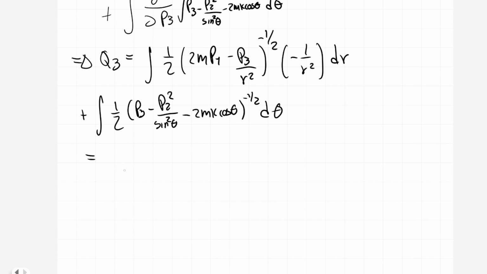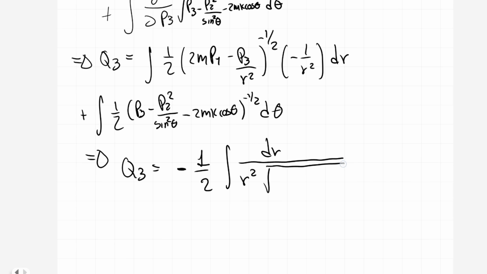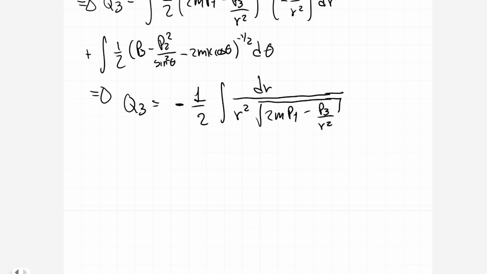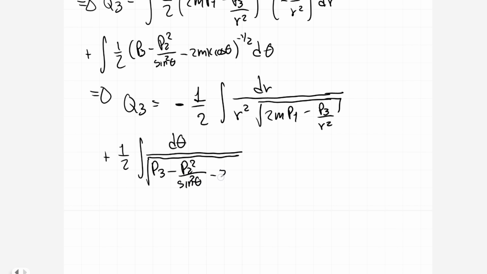So we get that Q3 is equal to minus 1/2 the integral of dr divided by r squared times the square root of 2m(p1 minus P3 divided by r squared), plus 1/2 the integral of d theta divided by the square root of P3 minus P2 squared over sine squared theta minus 2mk cosine theta.